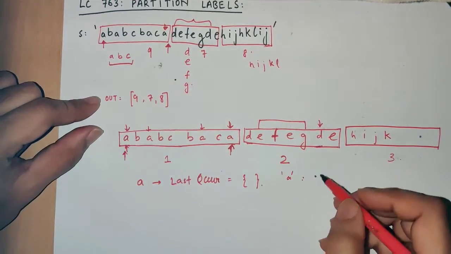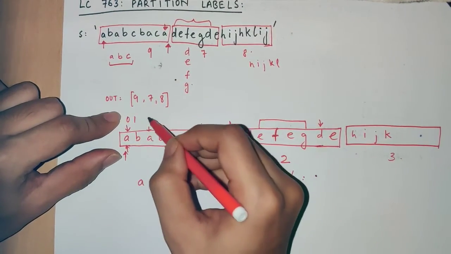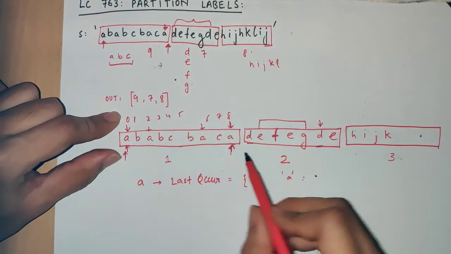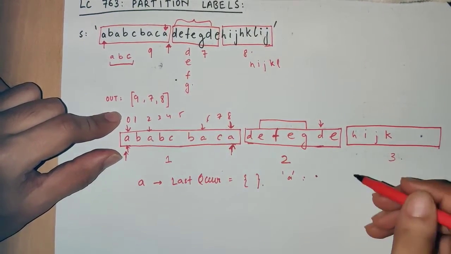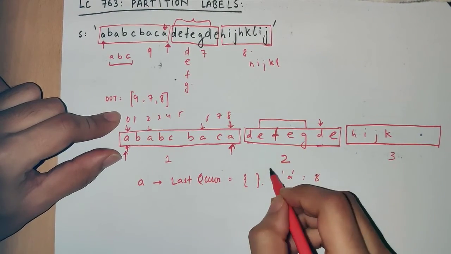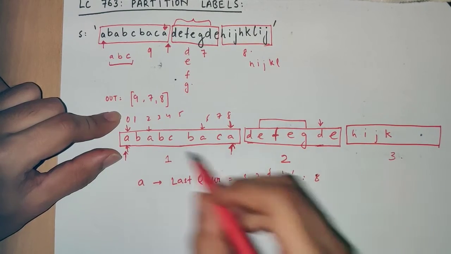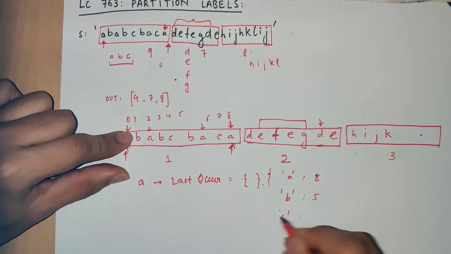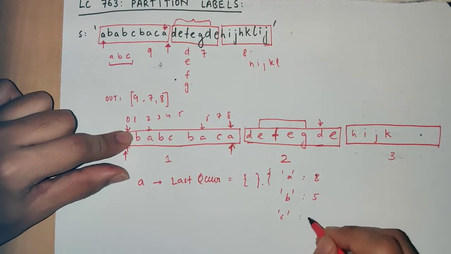Here we can store the index: 1, 2, 3, 4, 5, 6, 7, 8. So 8 is the last occurrence of A. The index 8 we can store in the hash map. Similarly for B we can store the last index, that is 5. For C the last index is 7.